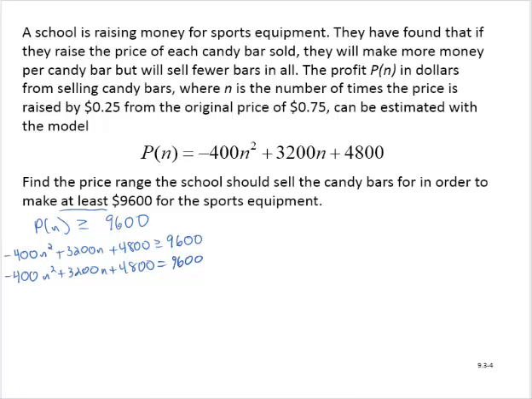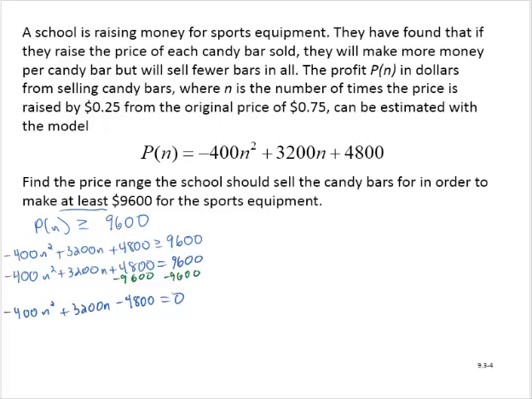I will subtract the 9,600, yielding negative 400 n squared plus 3,200 n minus 4,800 equals 0.